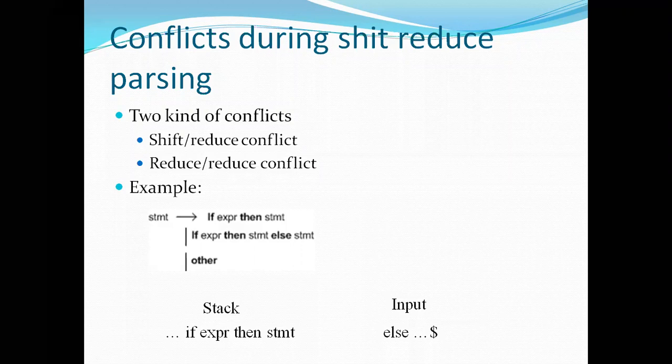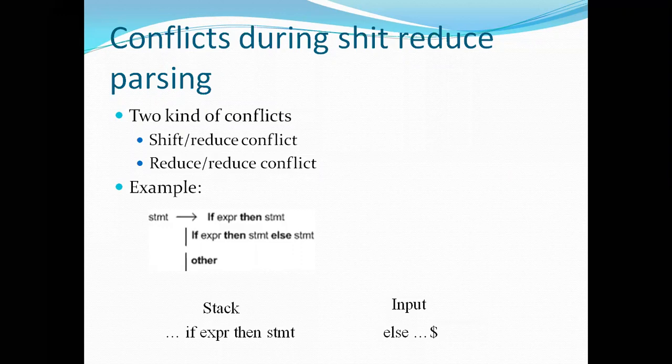In another situation, we consider another substring that has another right hand side possibility. So then we have two reduce statements, and reduce conflicts can occur. We must choose which one to use.